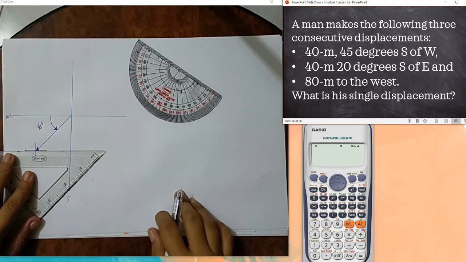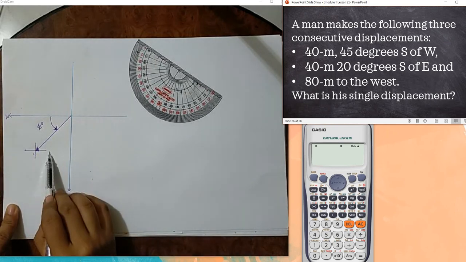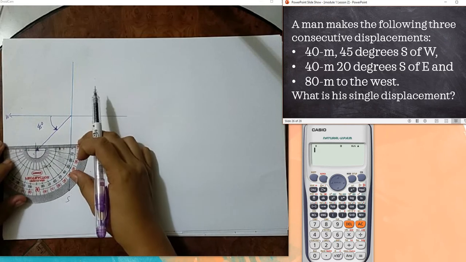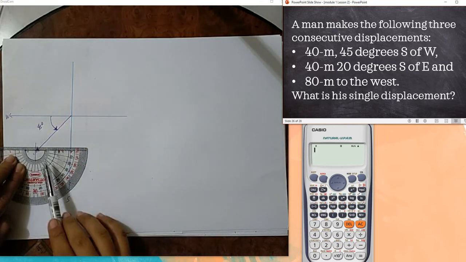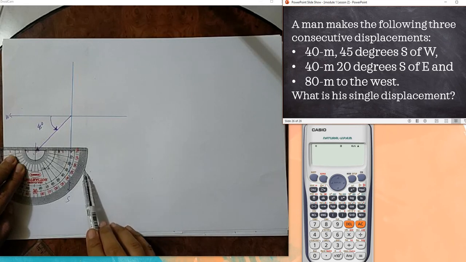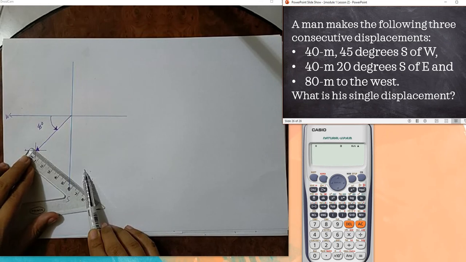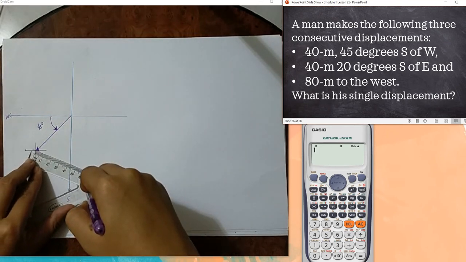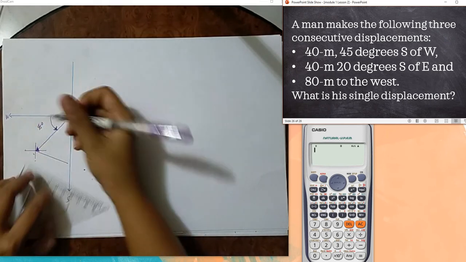So that is 20 degrees south of east. So this is east, this is south. So I'm going to measure 20 degrees. So east and south. Okay, this is 20 degrees. It's right here. Another 40 meters. So the 40 meters is just right here.